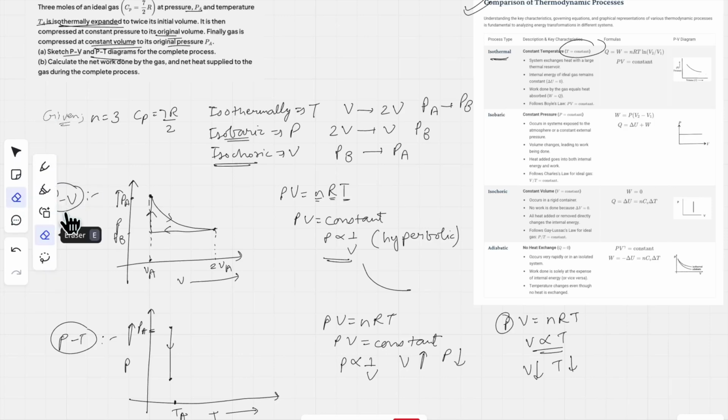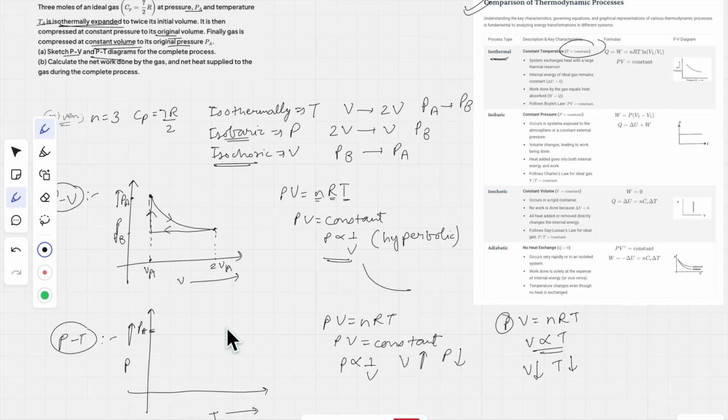Okay, so let us do one thing. Let us shift this diagram a bit. Let us start from here. Let's say this is TA. So I will come like this.